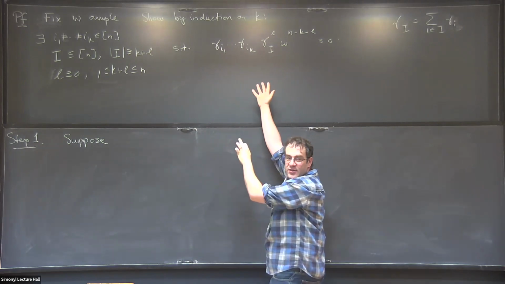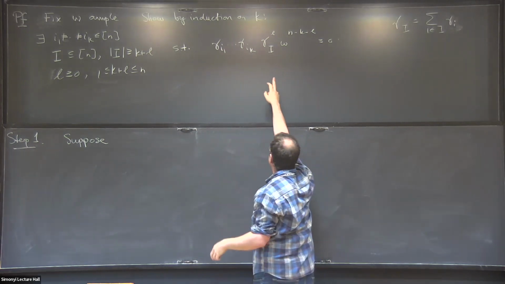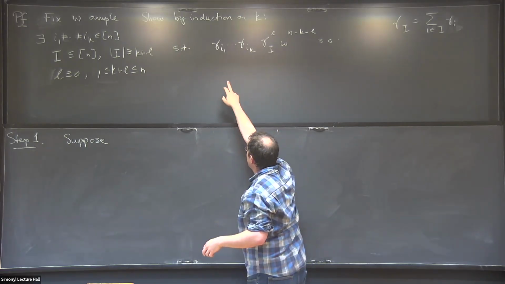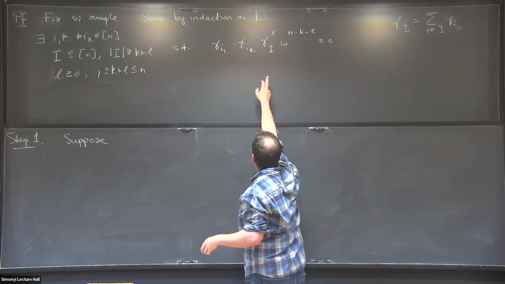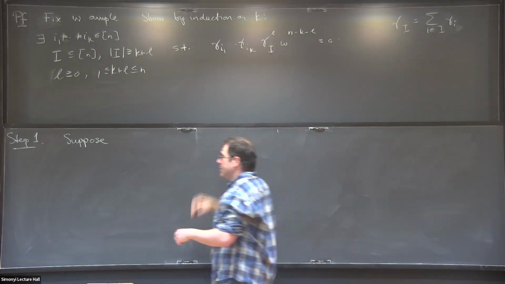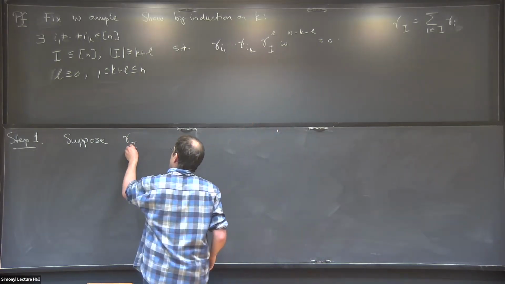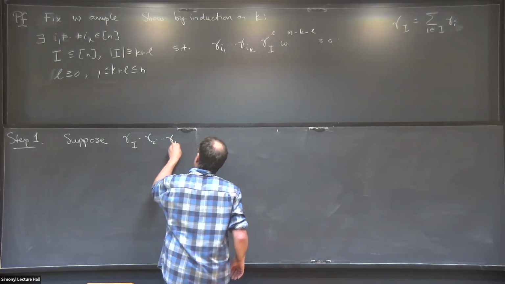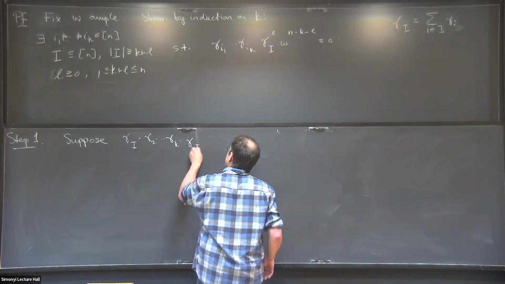Otherwise, what I'm saying doesn't make any sense. Suppose L is greater than 1. So I already have a gamma I. Suppose that if I replace the first guy by gamma I get something that's not 0, right? Gamma I dot gamma 2 through gamma K times gamma I to the L.